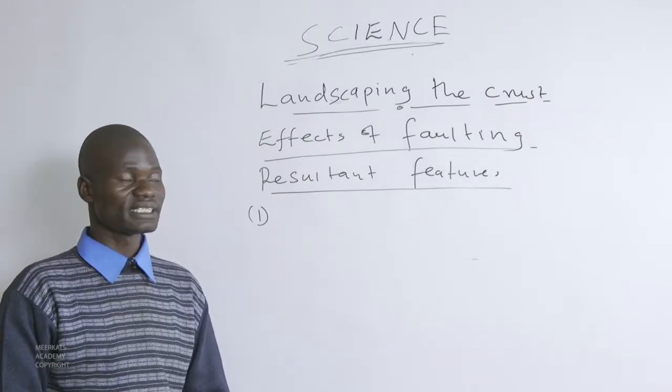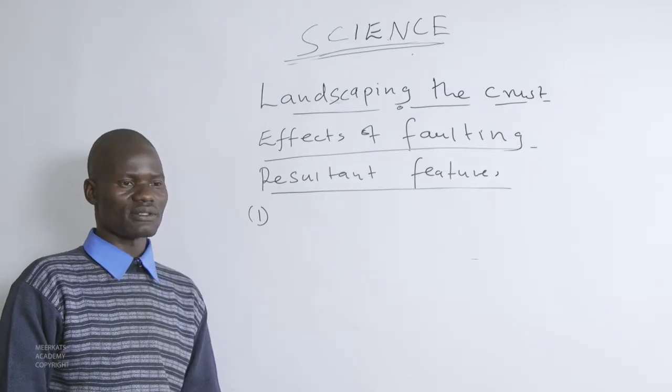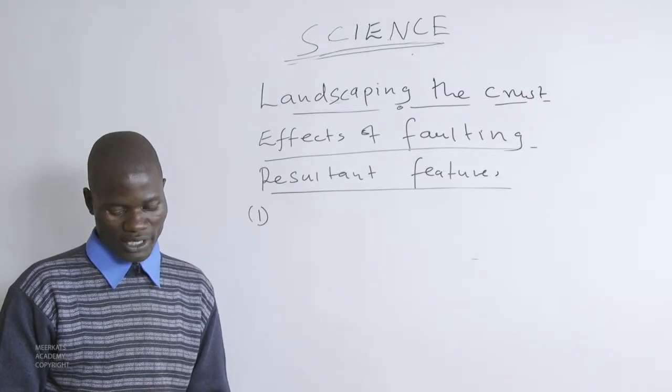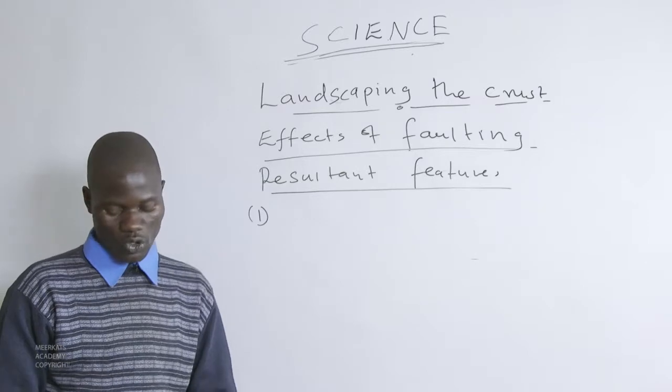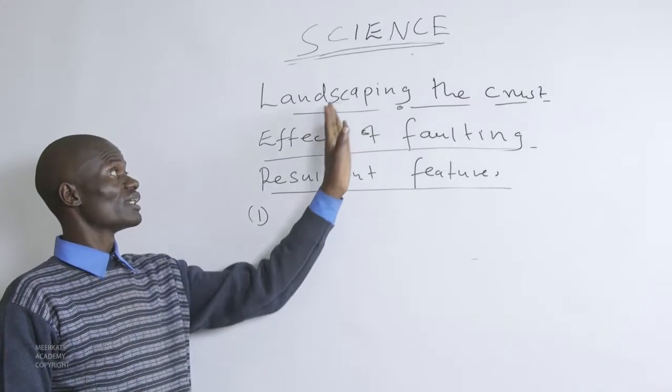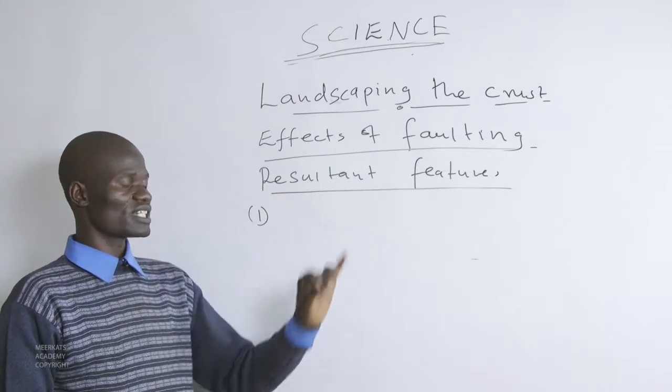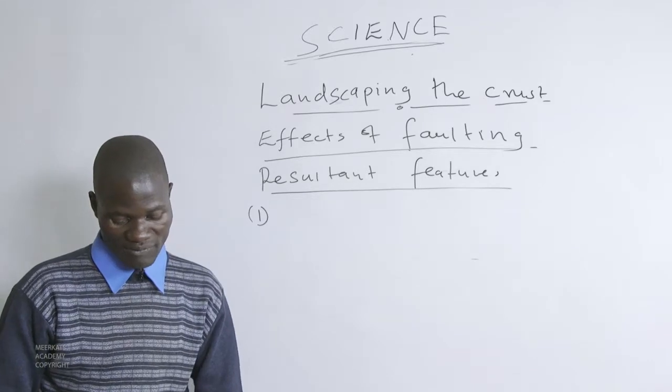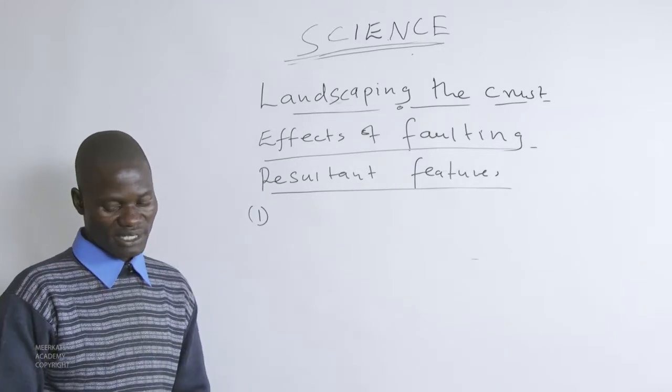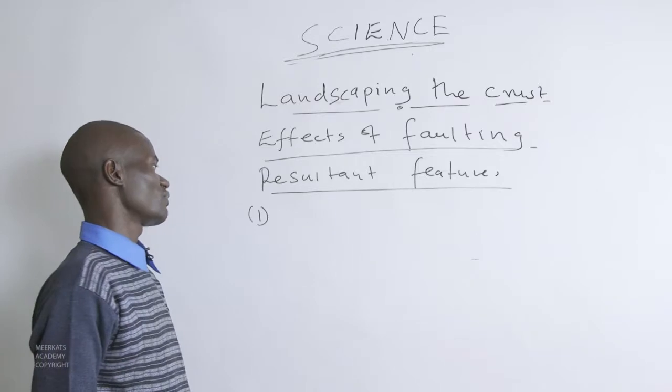Therefore, faulting may result in a variety of features that are going to be found on the earth crust, leading to the formation of different types of landscape or a variety of rocks which have been involved in the formation of these.